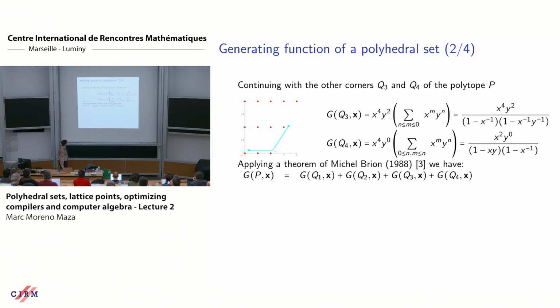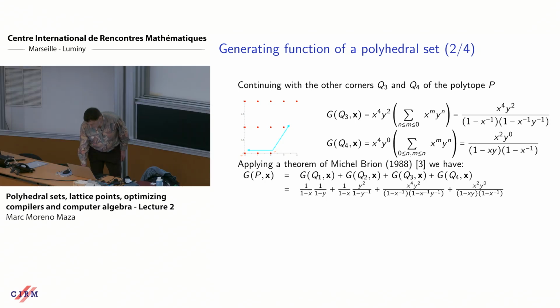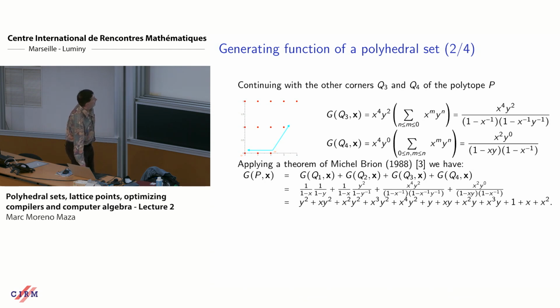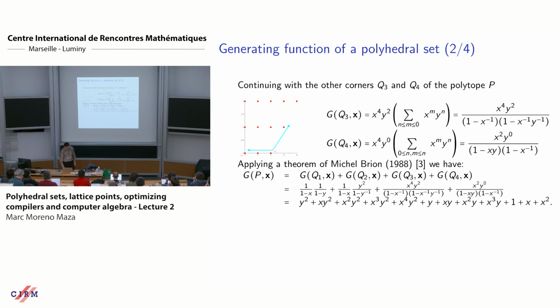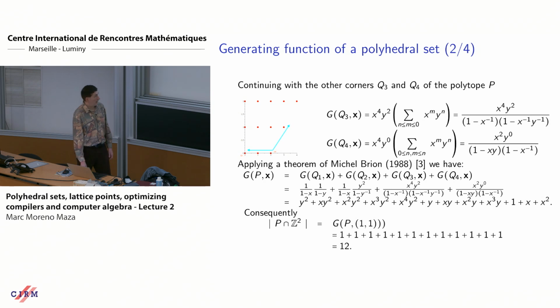We sum these 4 series, and that gives us the generating function of our polytope. And we expect to see a polynomial, of course, because it's bounded. And now we can deduce the number of integer points by specializing x and y to 1. And we find 12 as we expected.